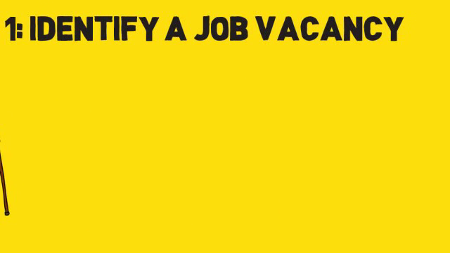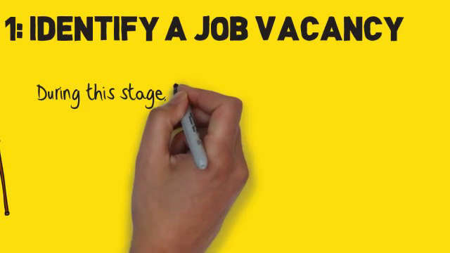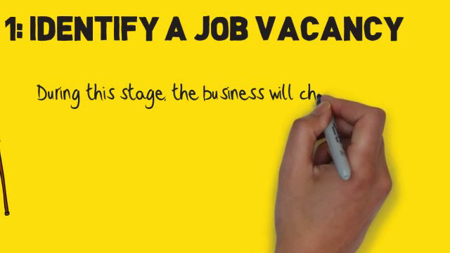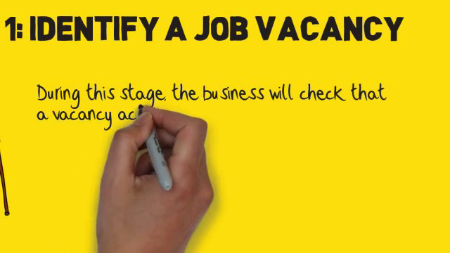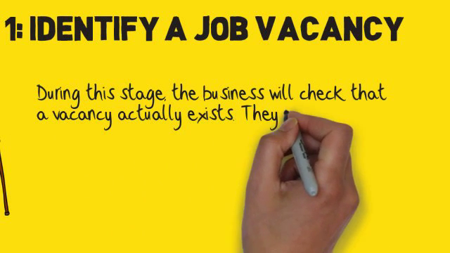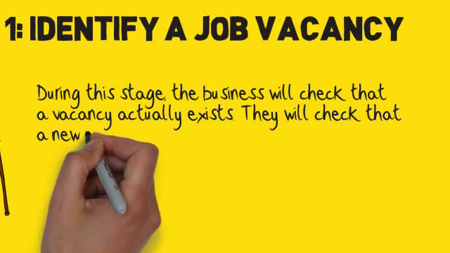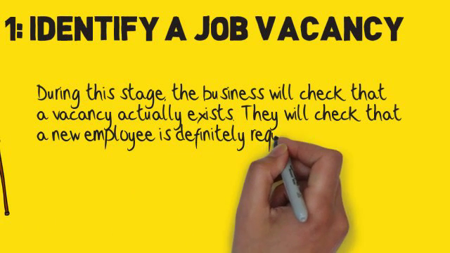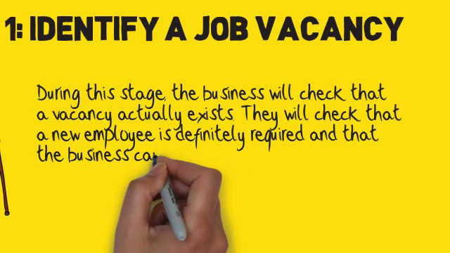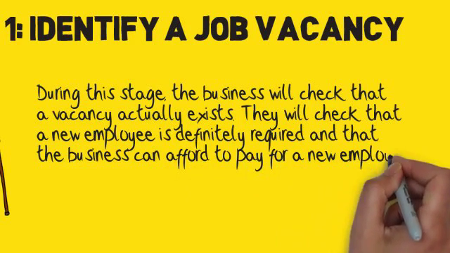Perhaps the department is overworked, or the business has grown and needs more members of staff. And we'll at this point consider whether a business can actually afford a new employee. Though someone might be leaving, perhaps they haven't got the cash to replace them.